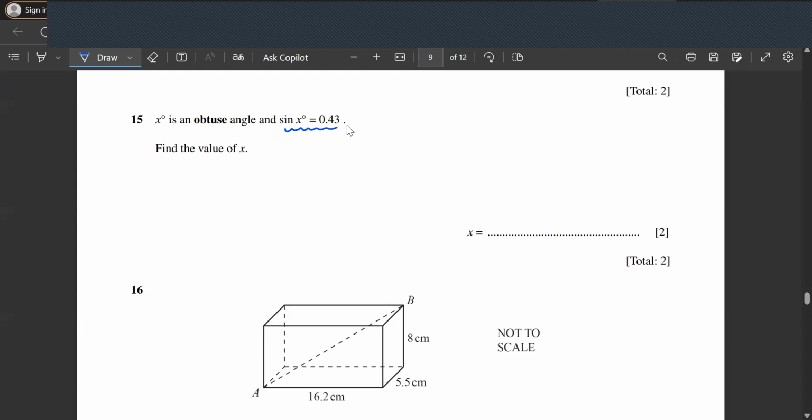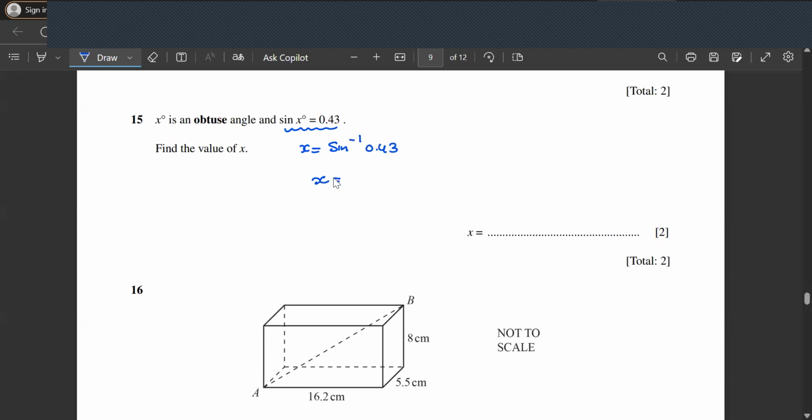Look here, I will solve it. The first thing that will come to my mind: sine x equals 0.43, so x equals sine inverse of 0.43.